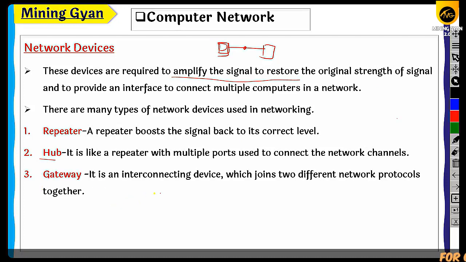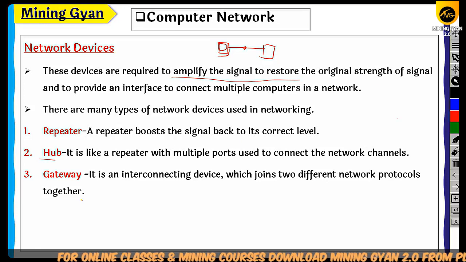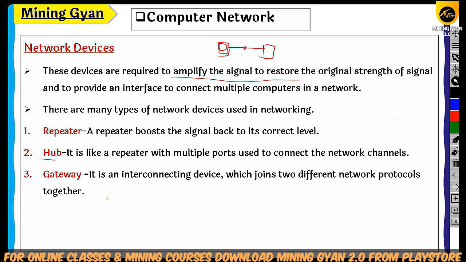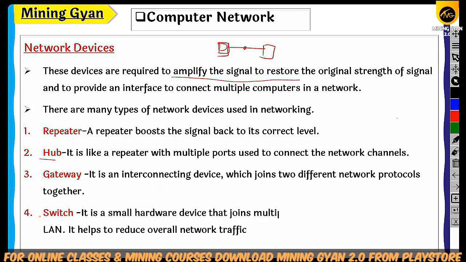It is an interconnecting device which joins two different network protocols together. We have two computer networks. The first has one kind of protocol, and the second has another type of protocol. But the gateway is able to connect both networks which have different types of protocols. So the gateway is used as an interconnecting device.